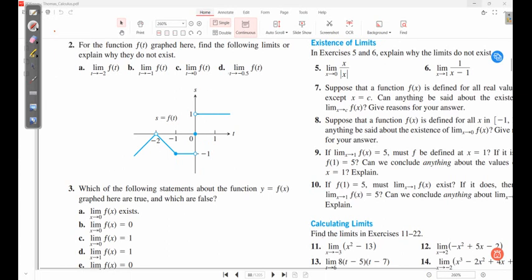And then the limit as t approaches negative 0.5. So somewhere there. What's the limit?